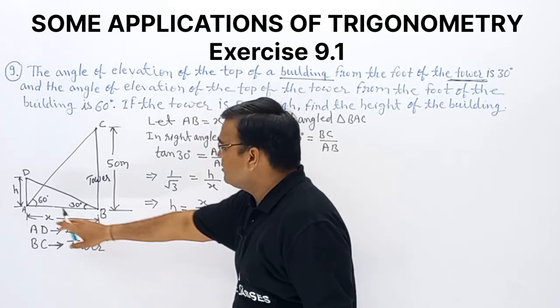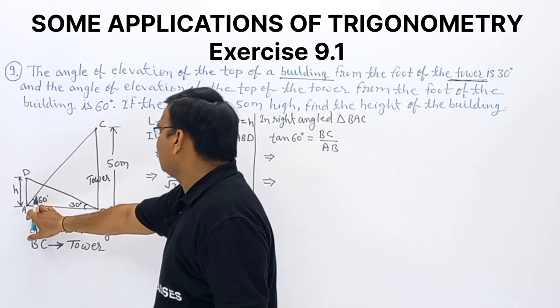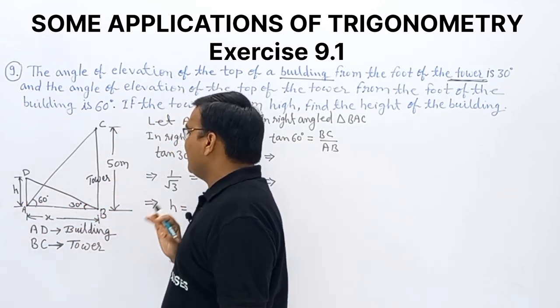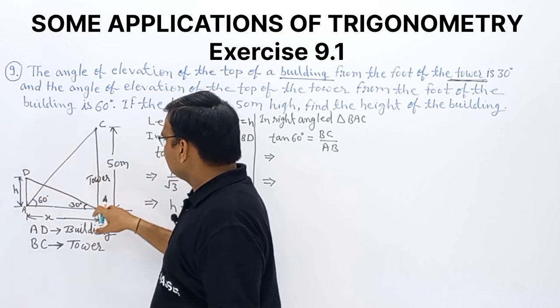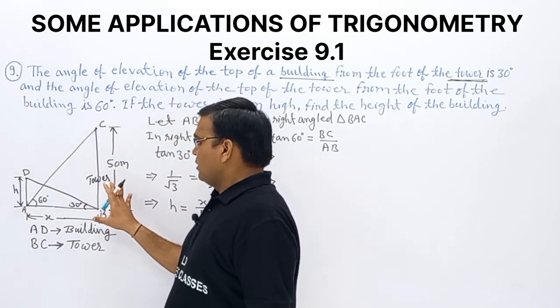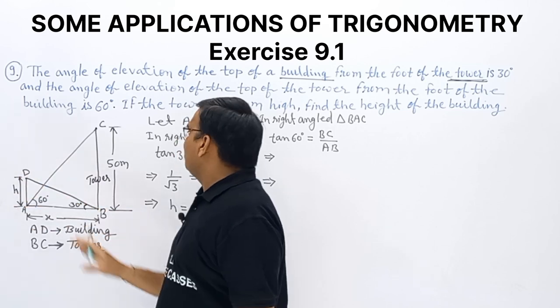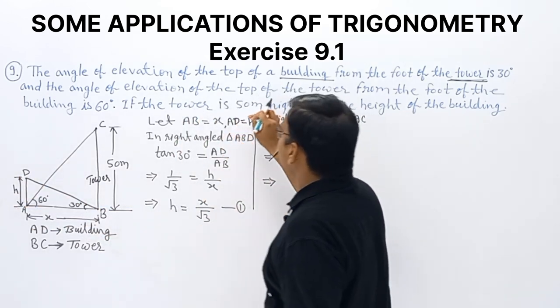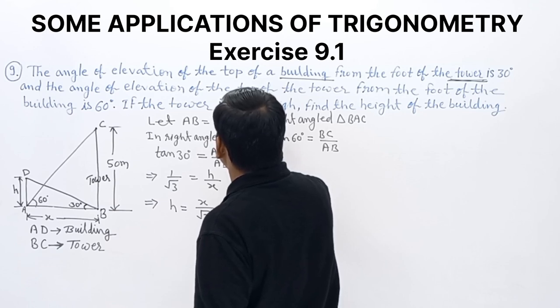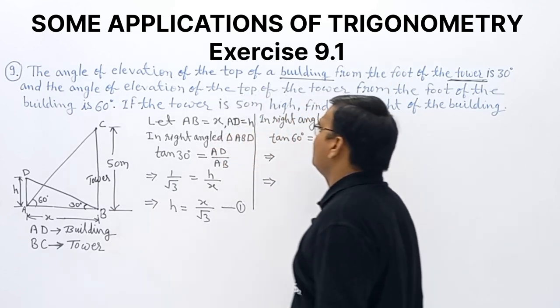Clear? AB is the distance between the foot of the building and the foot of the tower. We assumed this as x, and the tower height is given in the question. We assumed the height of the building is AD, and this is h.